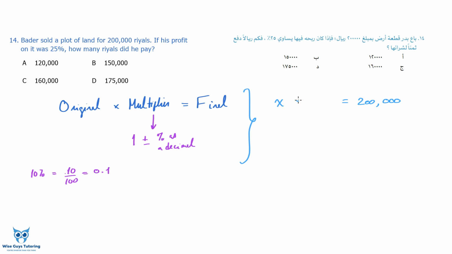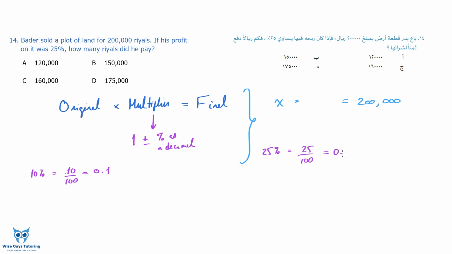And remember, they're saying that he made 25% profit. So whatever he paid for, we need to increase it by 25%, and he ended up with 200,000. So let's find the multiplier for increasing by 25%. Now 25% as a decimal, what's that? That's 25 over 100. That means you just have to move the decimal point 2 times.